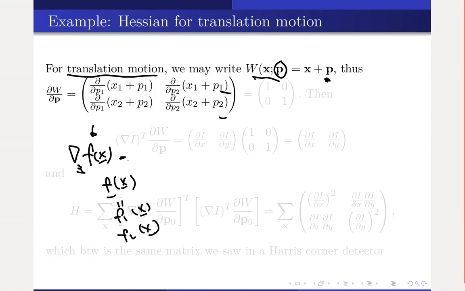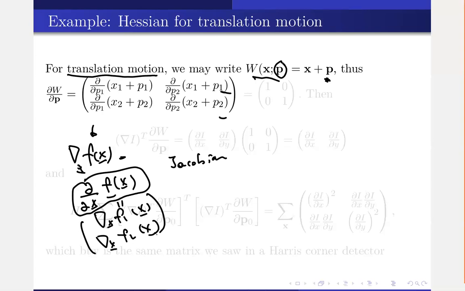So I can generalize this gradient to higher dimension. This partial derivative with respect to x is really also known as the Jacobian. It's basically equal to the gradient with respect to x for each component, packed as a matrix.